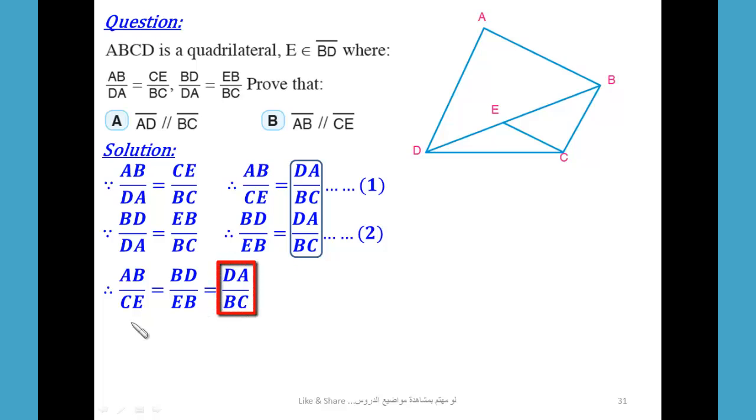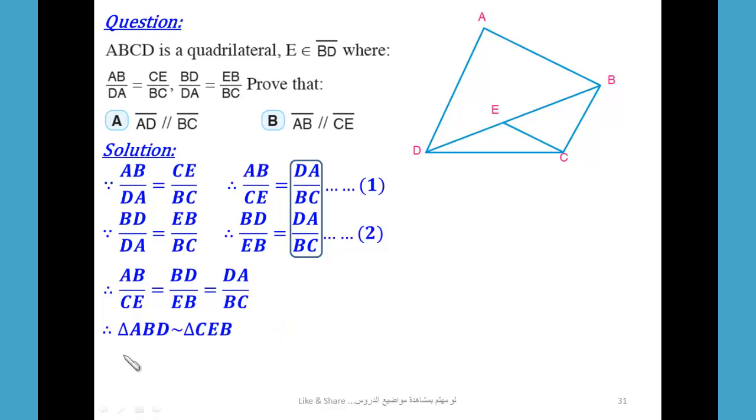Okay, and here you look to the figure. AB over CE equals BD over EB equals DA over BC.